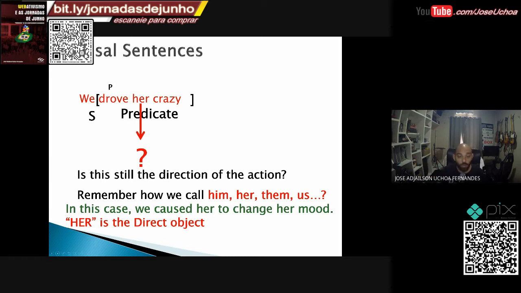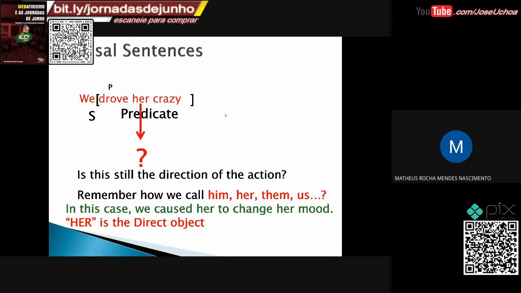Crazy is what then? Is crazy describing something else in the sentence? What's the syntactic function for the word crazy now? Is it an object?